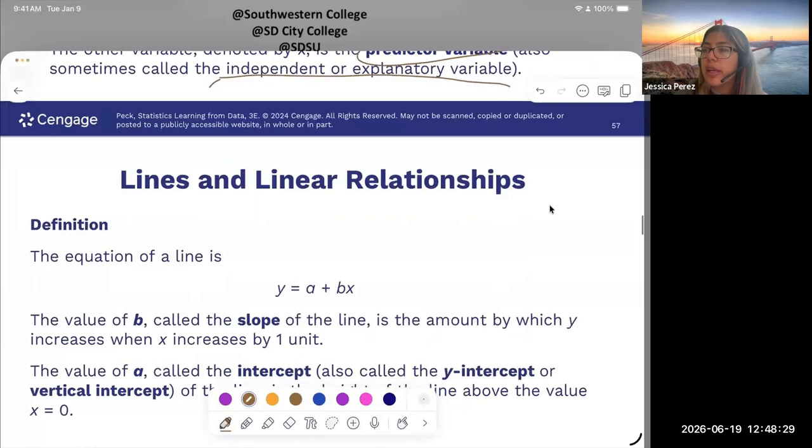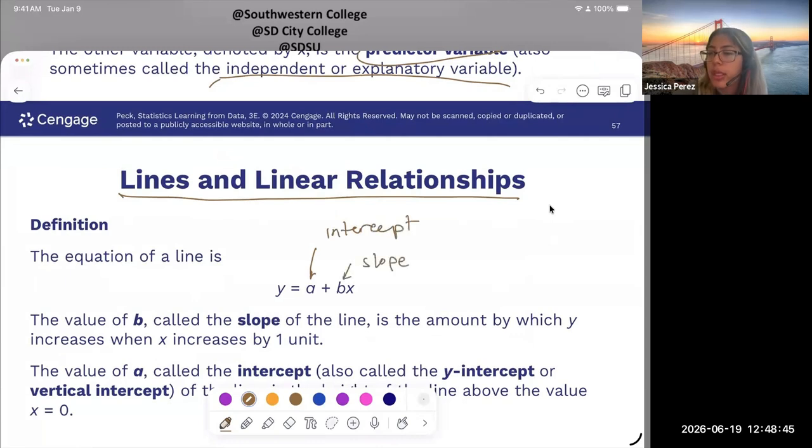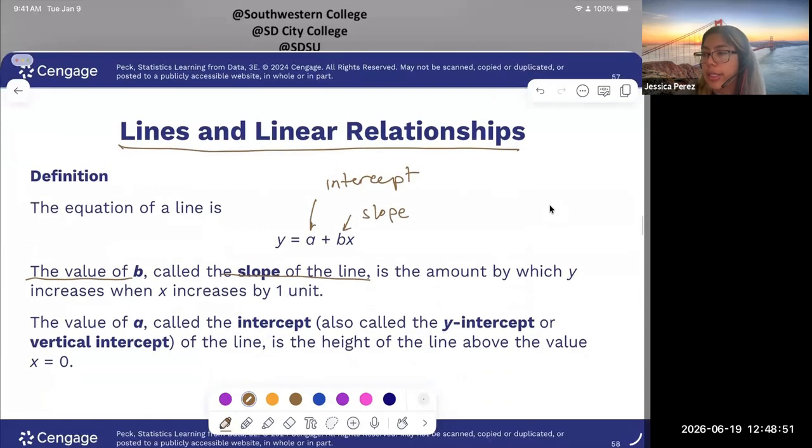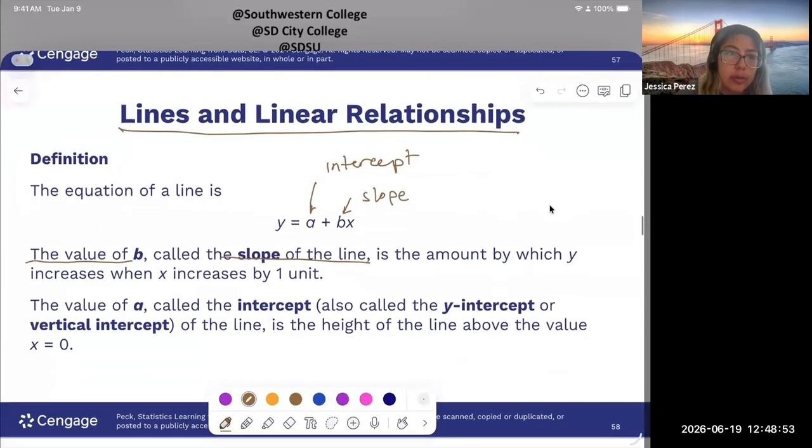Now, when we wish to find a line for linear relationships, we usually use this linear equation, y equals a plus b times x, where a is the intercept of the line and b is the slope. The value of b is called the slope of the line, the amount by which y increases when x increases by 1 unit.